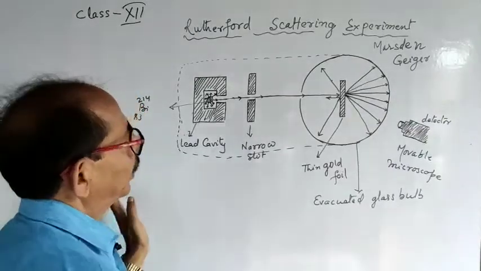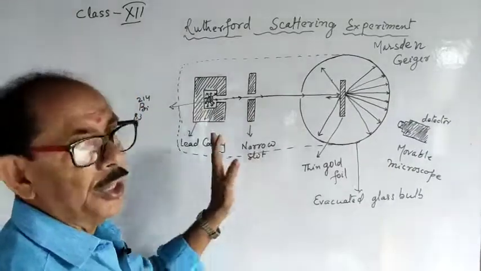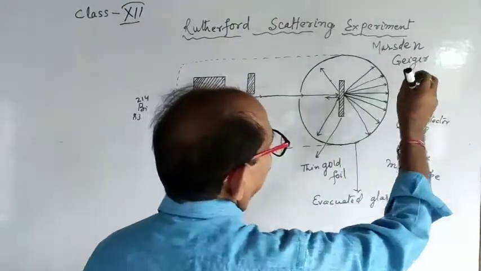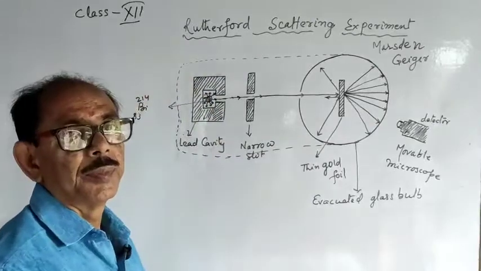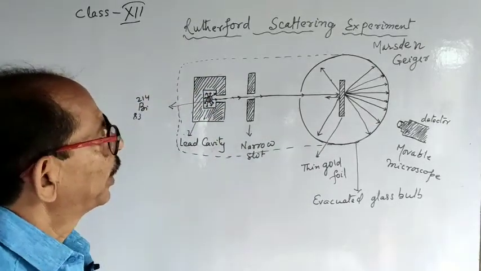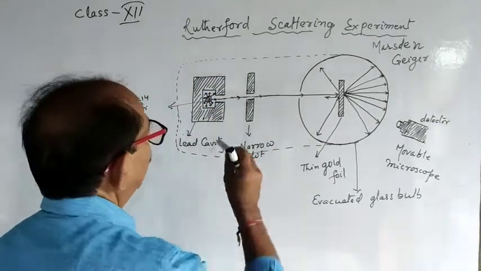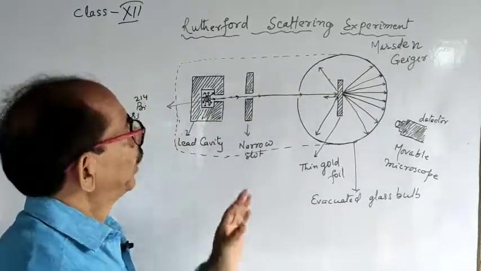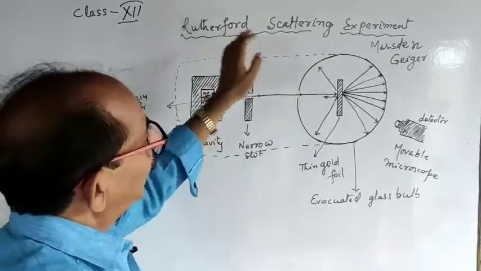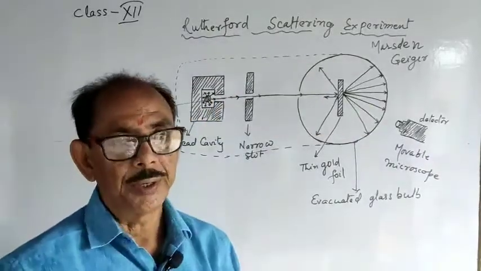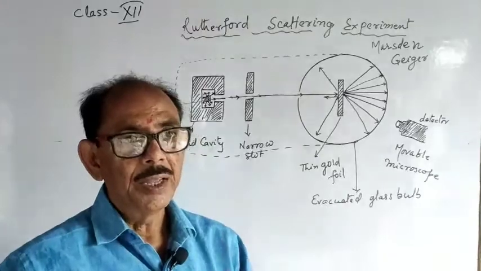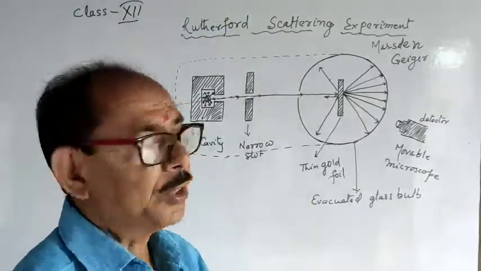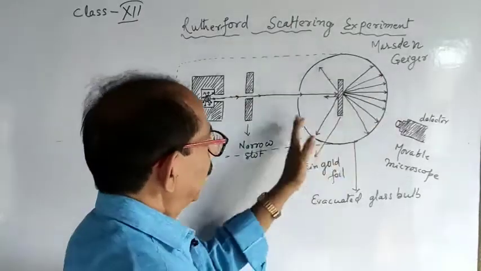Rutherford did a series of experiments along with his associates Marsden and Geiger. The best experiment by which Rutherford and his associates finally gave a complete picture of the atom.